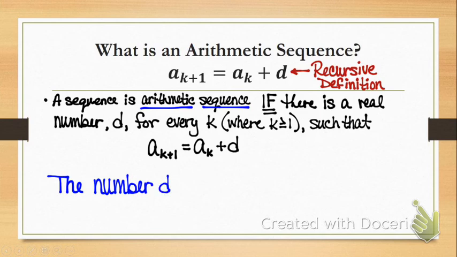The number D, which we can always find by taking any two consecutive terms and subtracting them. I want to find the difference between these two terms. This is called the common difference.